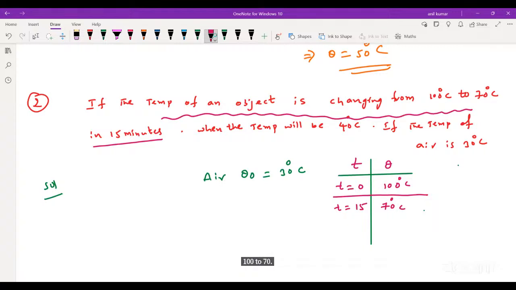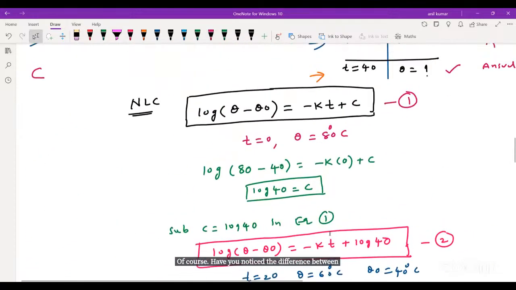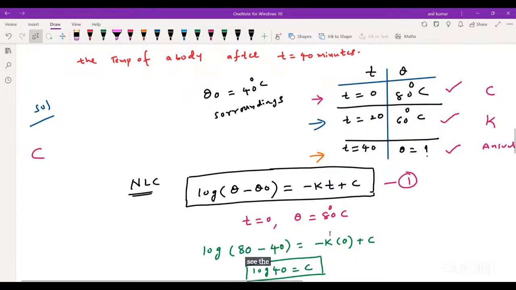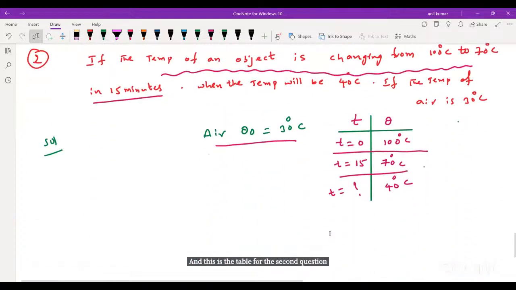When will the temperature be 40 degrees centigrade? Have you noticed the difference between the first question and the second question? See the table. This is the table for the first question, and this is the table for the second question. Can anyone identify the difference here? What are we expecting?